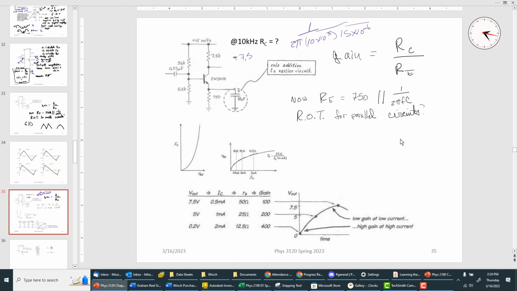So as you bring the output up and up and up, the voltage difference between these two becomes less and less. And there's a diode drop, but basically it's this voltage down through no resistance.